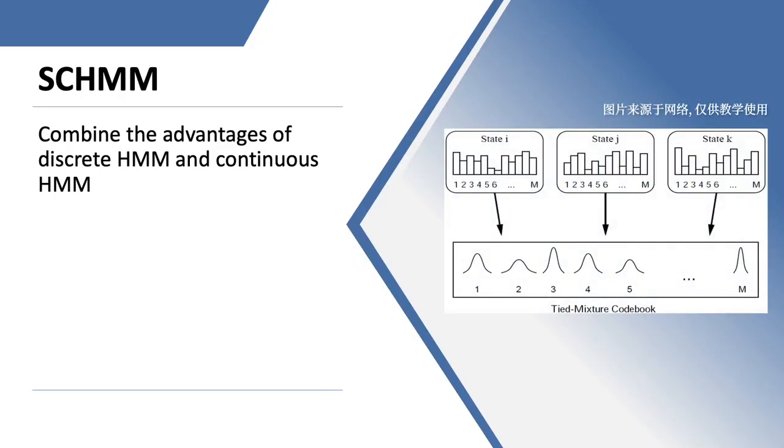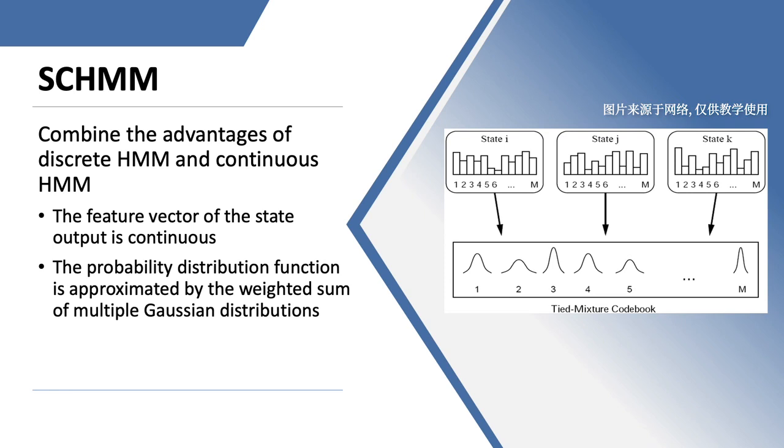SCHMM combines the advantages of discrete HMM and continuous HMM. It is equivalent to a mixture of DHMM and continuous CDHMM. The feature vector of the state output is continuous, and the weighted sum of multiple Gaussian distributions is also used to approximate the probability distribution function.